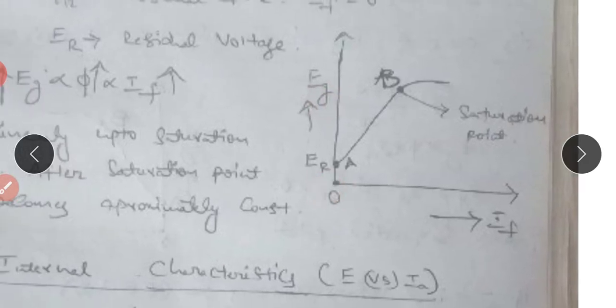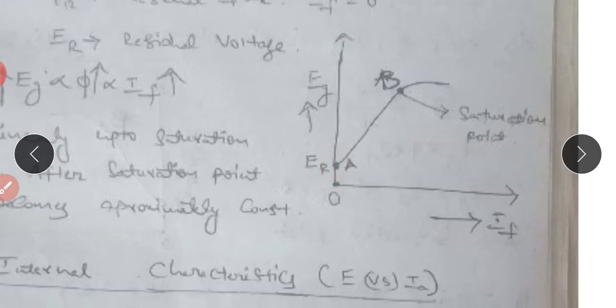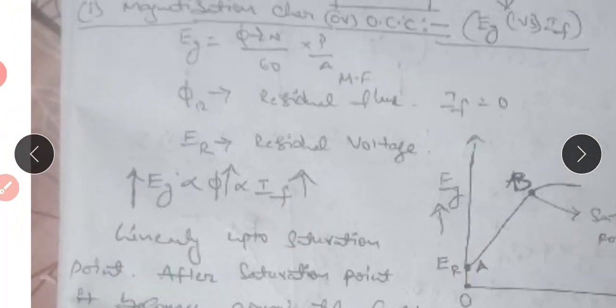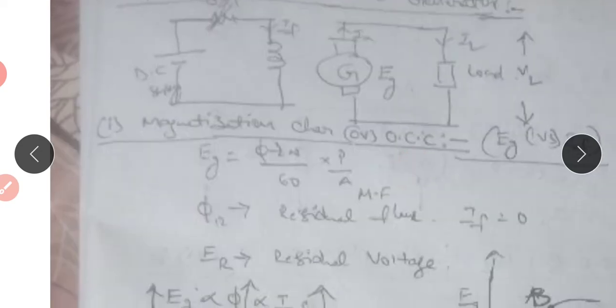At the origin, where field current equals 0, the voltage is the residual voltage. Here OA indicates the residual voltage. Next, to increase the field current value, one rheostat or variable resistance is connected in series with the field winding. By changing the resistance value, the current flowing through the field winding changes, so automatically the field current also changes.